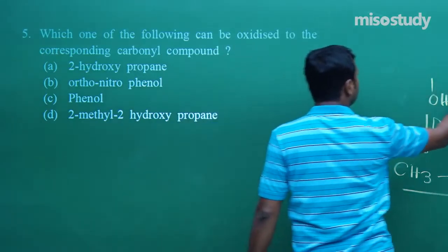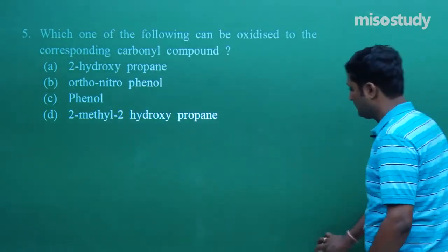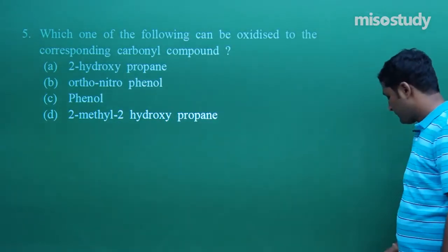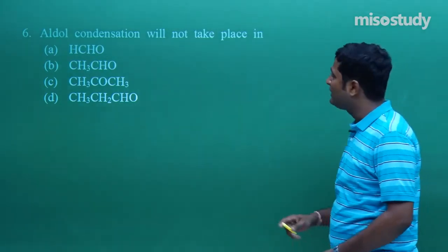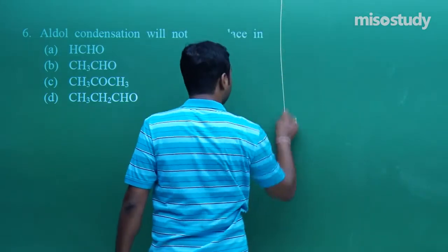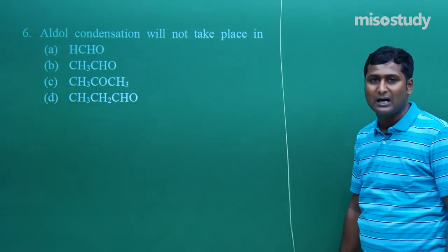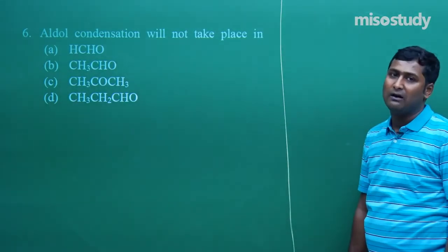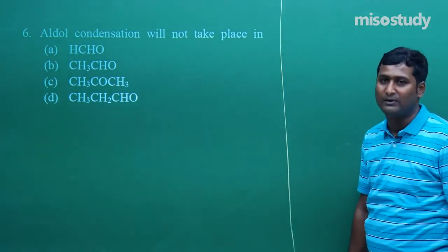What will happen next? Check it out. Now that is question number 6. Aldol condensation, this is a simple question. As we know, aldol condensation is given by those carbonyl compounds which contain at least one alpha hydrogen.